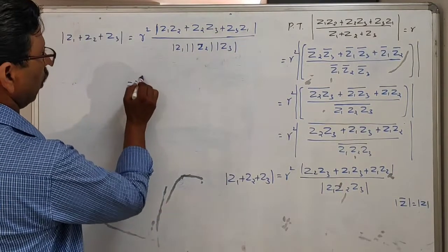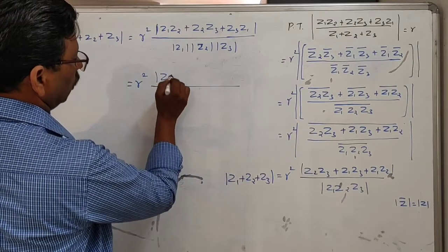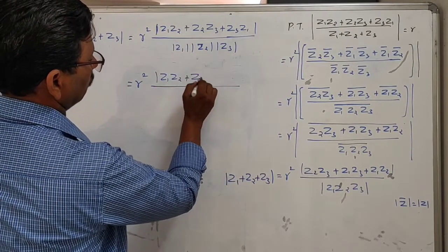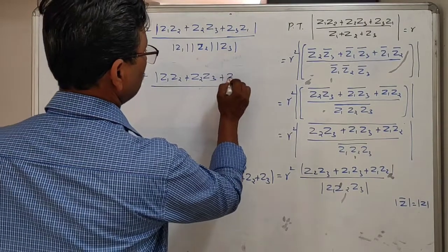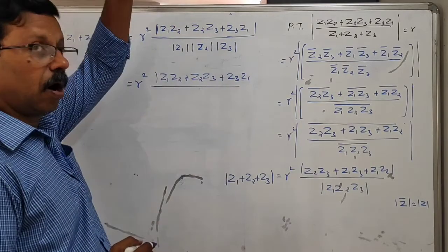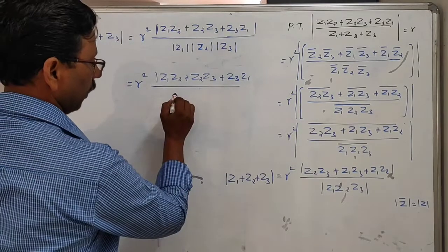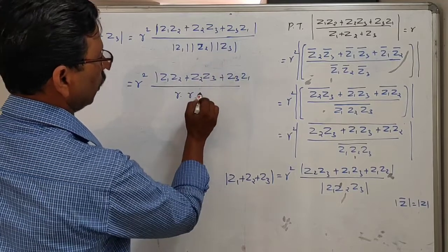Now which is equal to R square into modulus of Z1 Z2 plus Z2 Z3 plus Z3 Z1 by modulus Z1 equal to R, given in the first problem, given itself. Therefore R, modulus Z2 is also equal to R, this also equal to R.